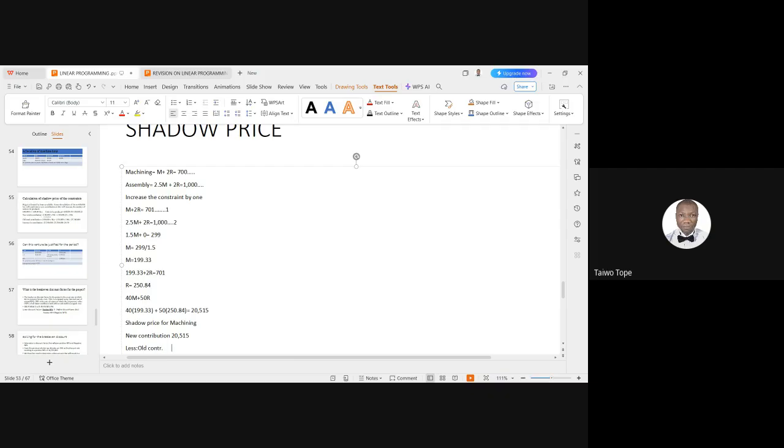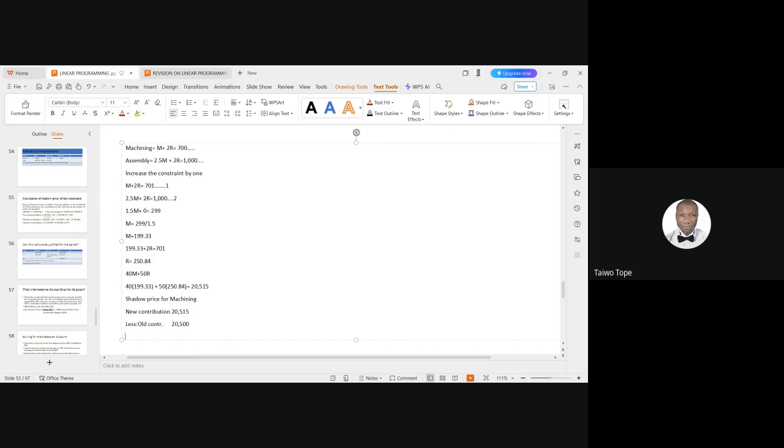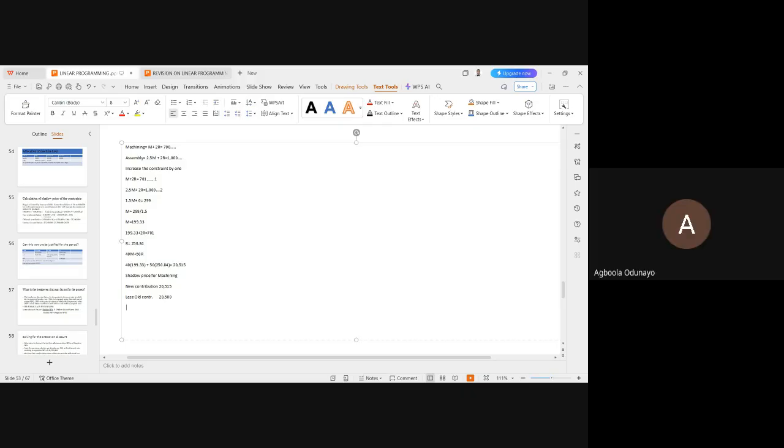The old contribution is what? 20,500. So what is the increase, the effect of you adding 1 hour to 700? It's 15.2. So that is the shadow price.